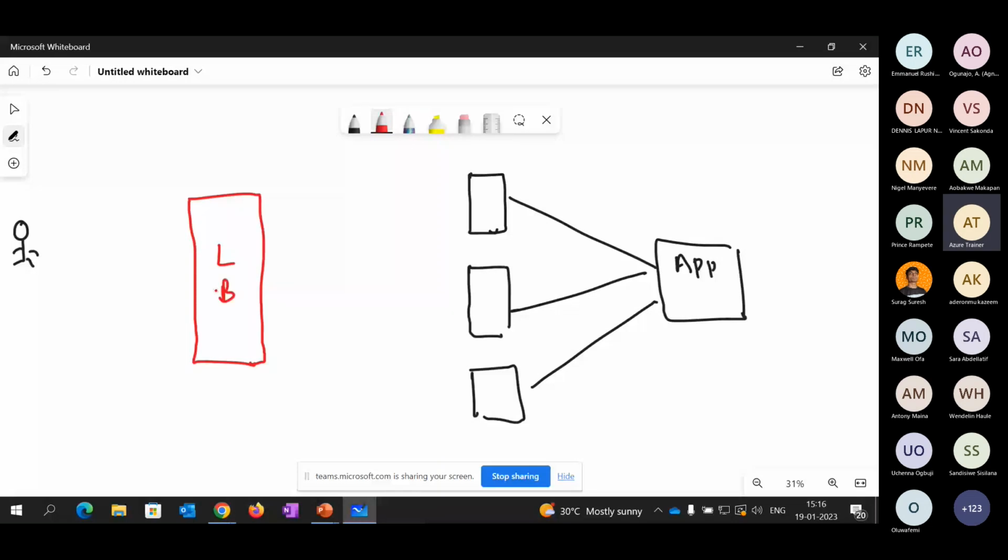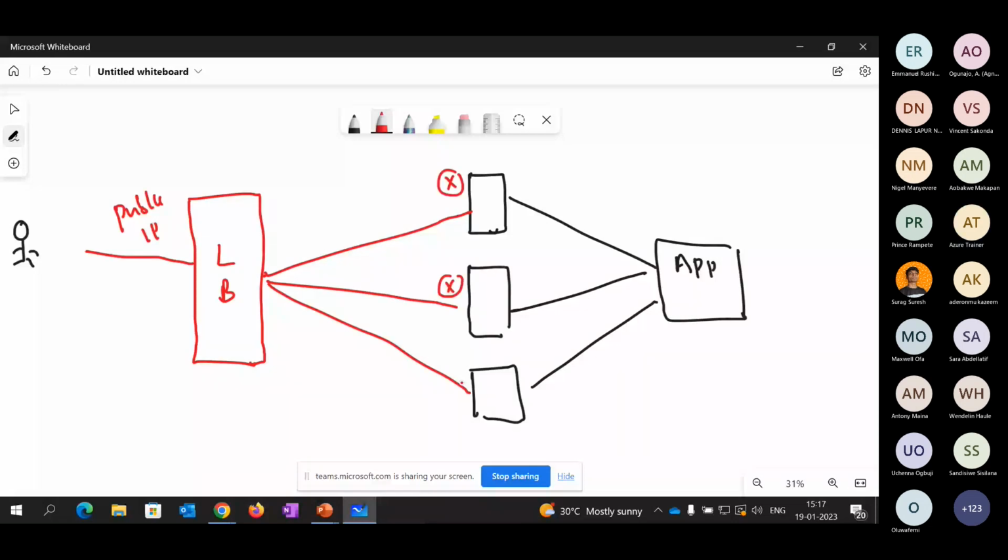Only the load balancer will have a public IP address, and internally it will connect to all these servers using private IP addresses. There will not be any public IP address assigned to your internal machines.